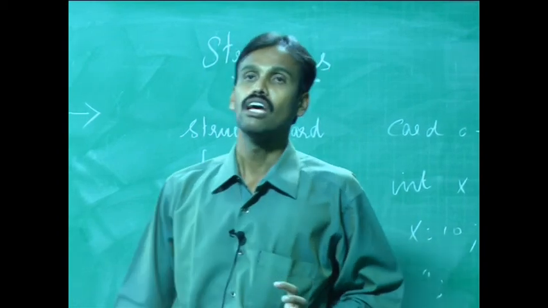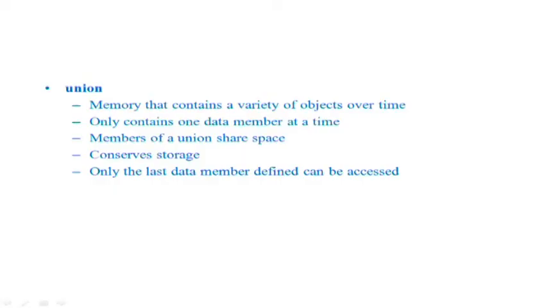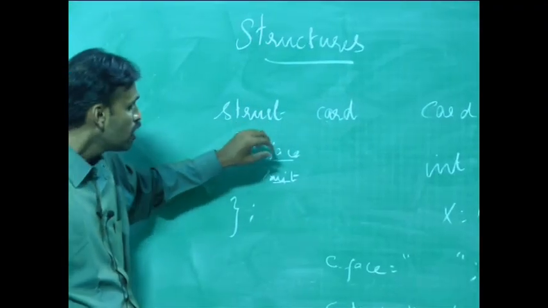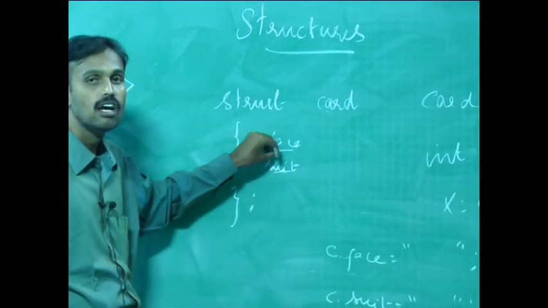Then we move on to unions in C programming. What is a union? A memory that contains a variety of objects over time is said to be a union. It only contains one data member at a time. This is a notable point about a union. Imagine the case of a structure. This entire structure allocates space for all members of the structure.